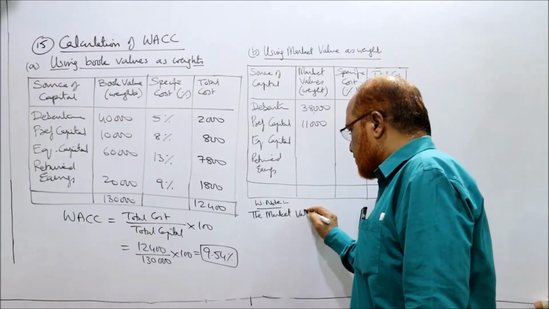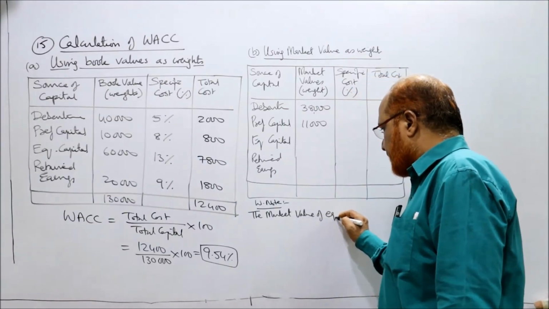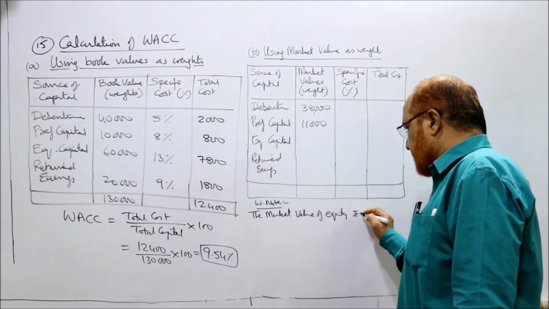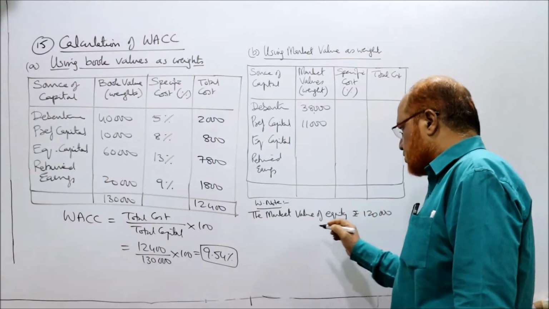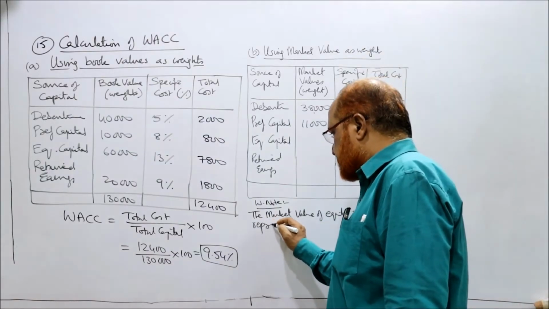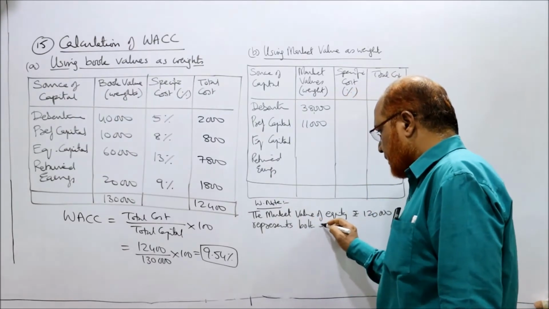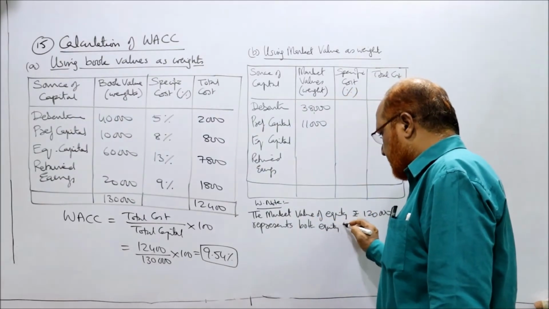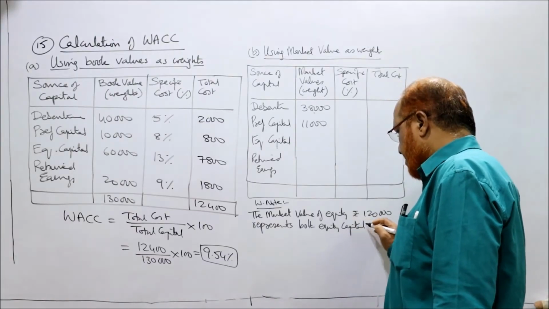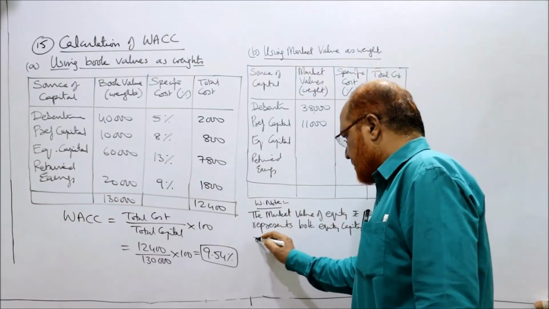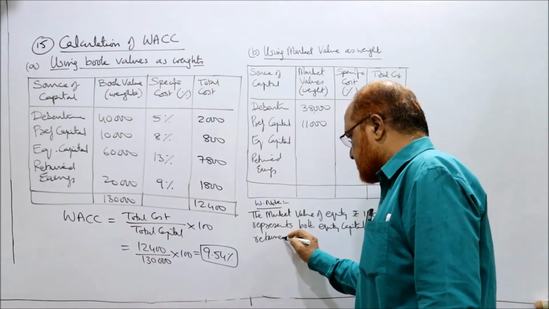The market value of equity rupees 1,20,000 represents both equity capital and retained earnings.